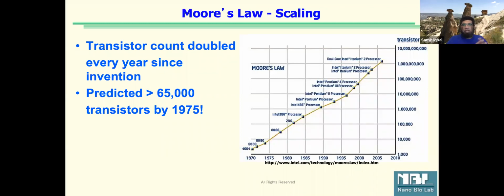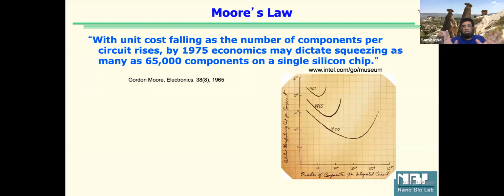From that prediction, just for 10 years, the whole industry followed it to the letter, and it translated into doubling the number of components every 18 months. If you ever hear about Moore's law, remember it was nothing but a 10-year projection in 65, but we took it as an industry and said, okay, we'll keep following that trend. And up to probably 10 years ago, we kept on doing that.